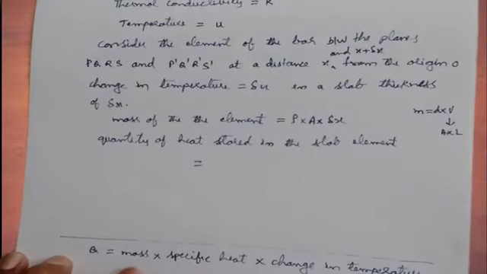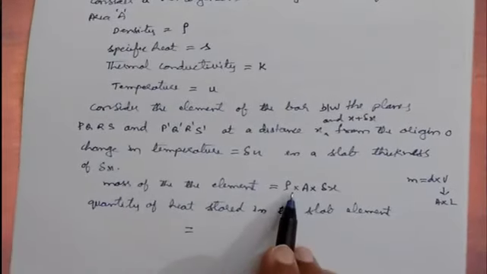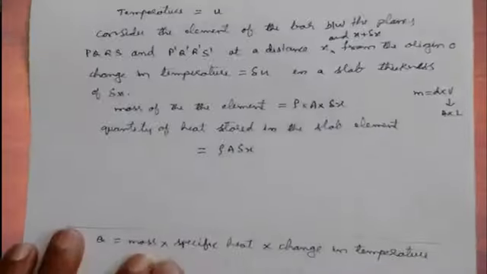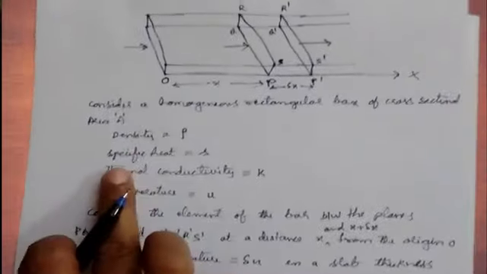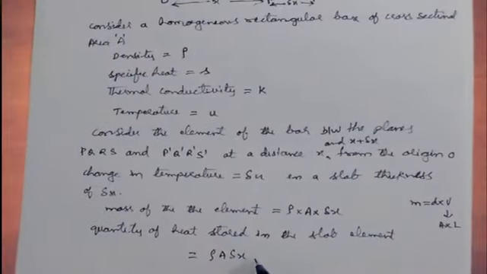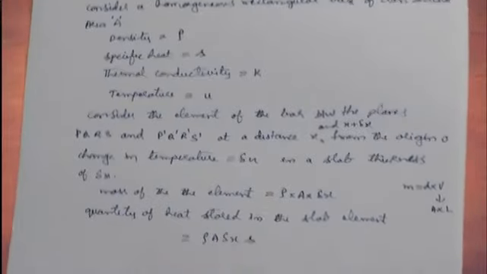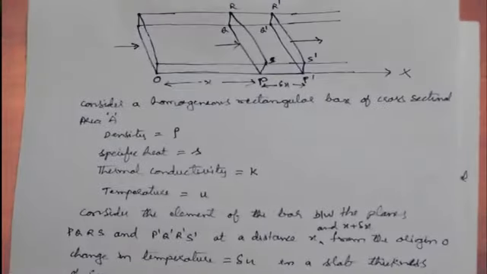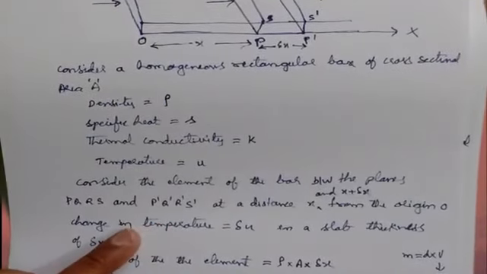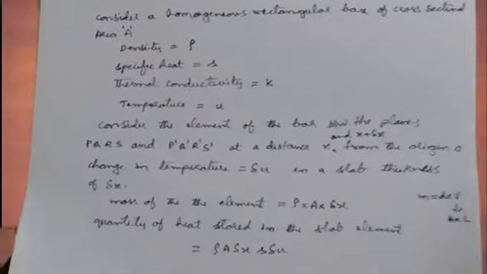So now what is the mass? Mass is already known. It is rho into A into delta x. What is the specific heat? The specific heat we have taken as S, into the change in temperature, which I have taken as delta U. So that is the quantity of heat stored in the rectangular slab.